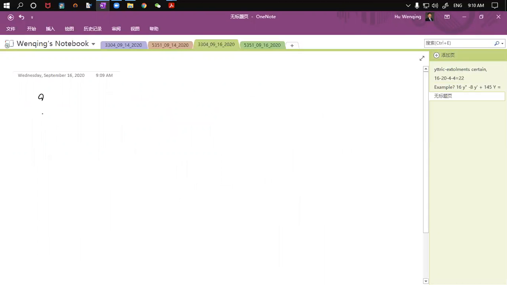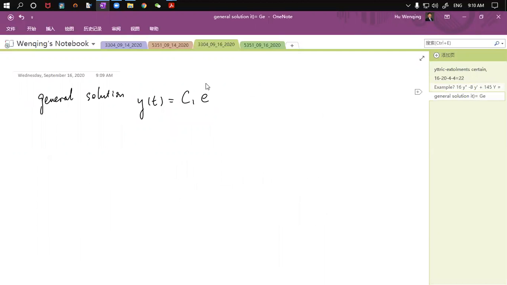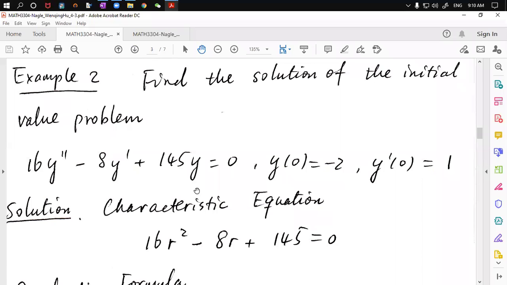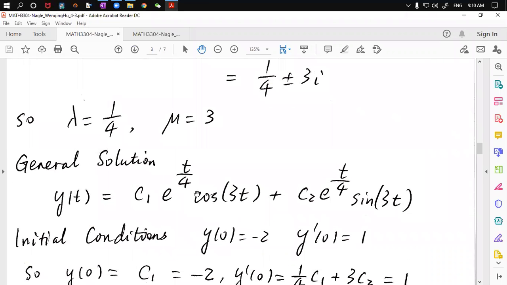So the general solution is going to take the form y of t is c1 e to the power of 1/4 t multiplied by cosine 3t, plus c2 e to the power of 1/4 t multiplied by sine 3t. So that's going to be your solution.